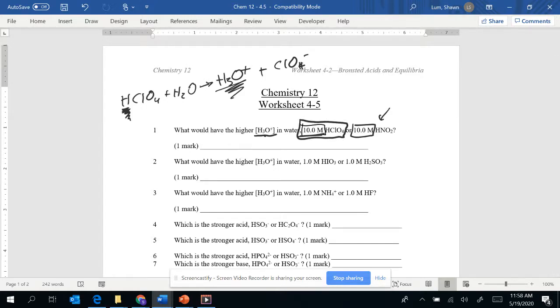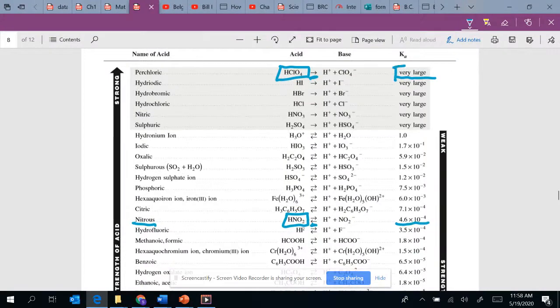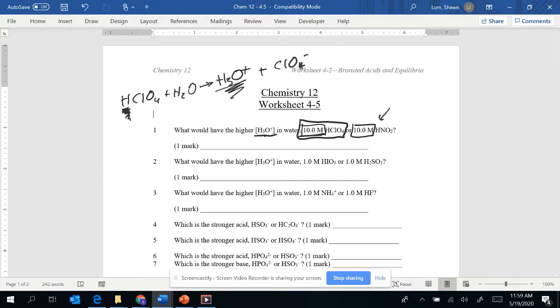The other way you can tell is which one has a higher Ka value. This has a very high Ka value. This has a very low Ka value, 10 to the negative fourth. The one with a higher Ka value will always make a higher H3O plus concentration. So the answer is just HClO4. It's a strong acid. It's not even a competition.